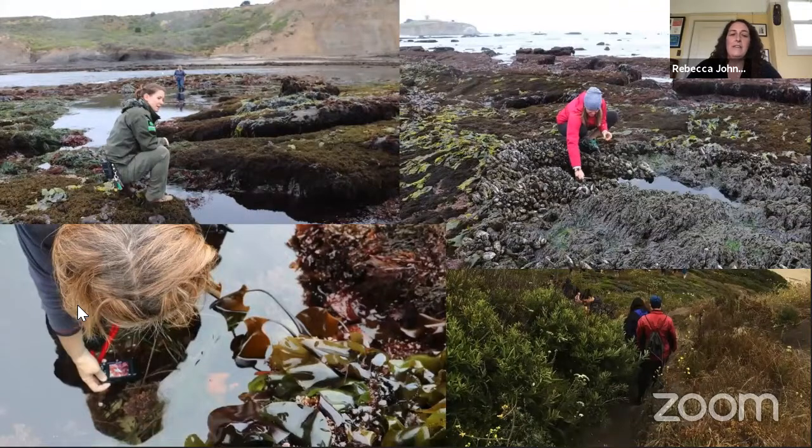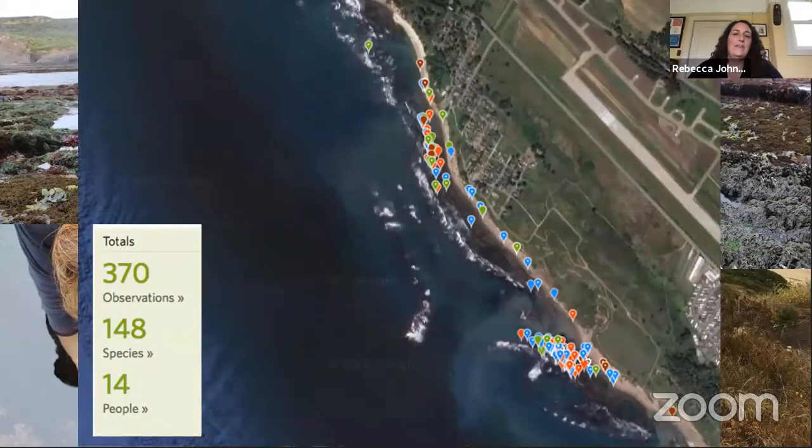Get out to the reef, exploring and documenting and taking pictures and uploading them to iNaturalist. Next slide. So you can see this is just a group of 14 people out one morning, and together we made about 370 observations of 148 species just in one morning.